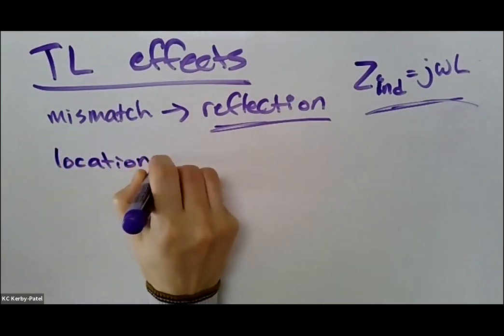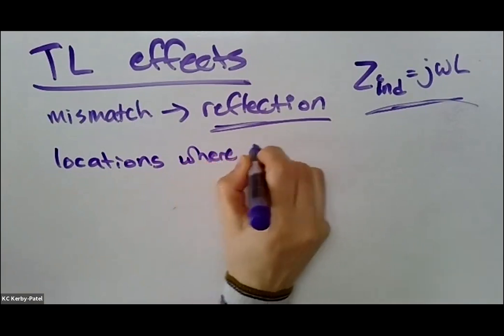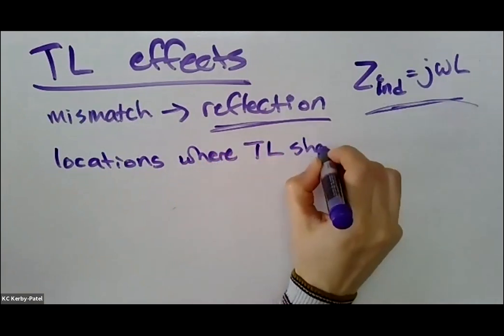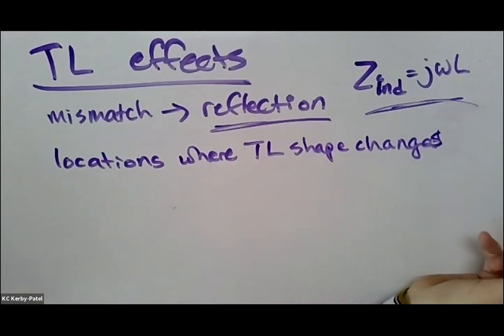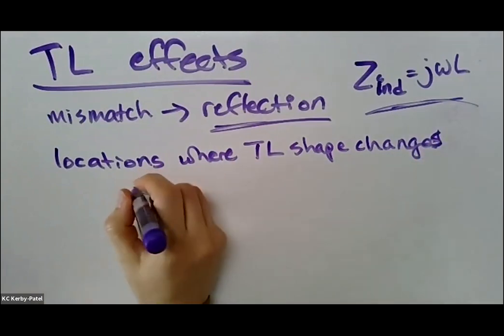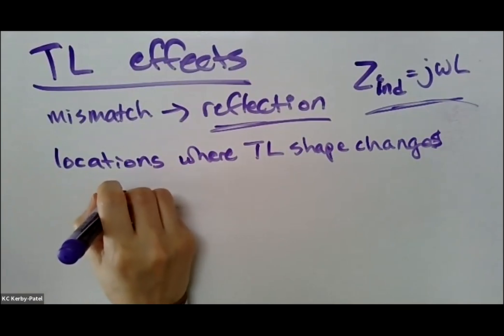You can have a location where the transmission line shape changes. Like, for instance, if you had microstrip and the width changed or something like that.